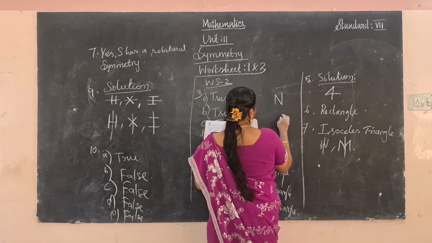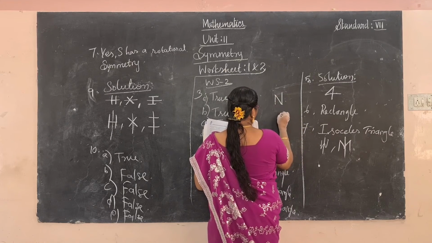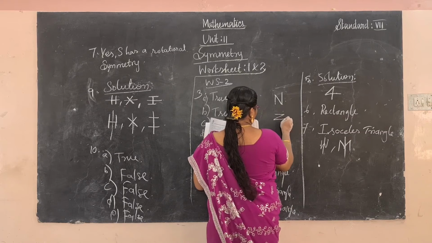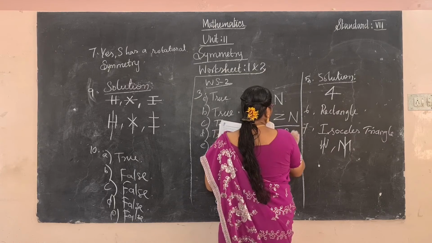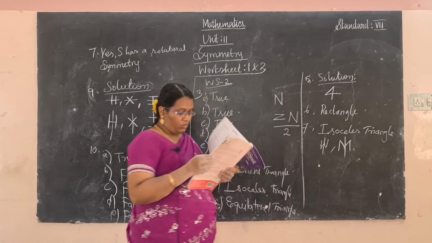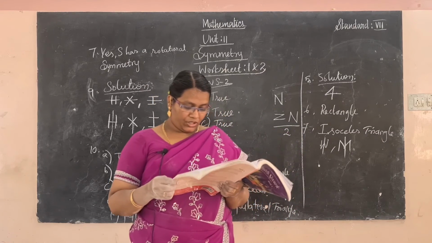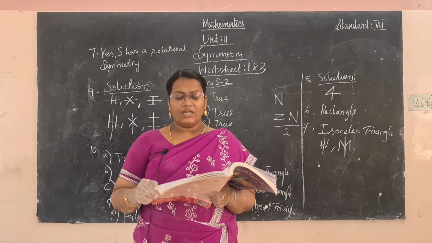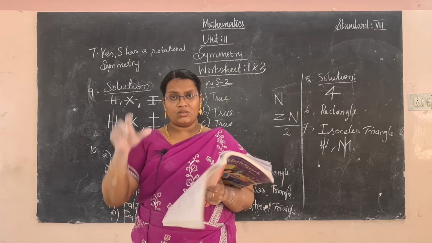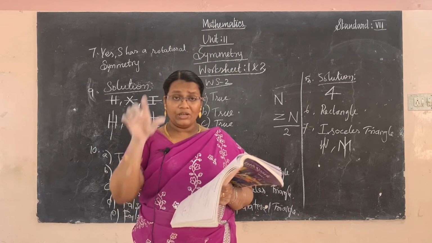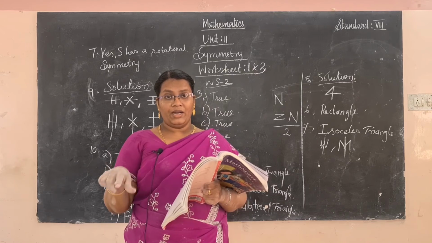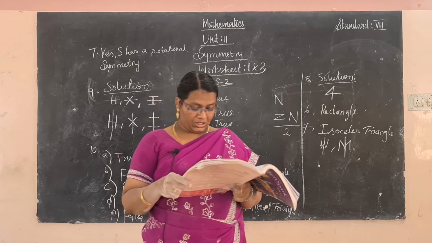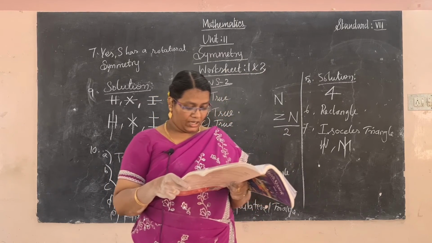This is the original position, second one, and next we get the same, so order of rotation is 2. For the hexagon, 6 rotations are there. So for the 8th and 9th problems you will draw and write the order of rotational symmetry. Okay. So 8 and 9 are homework.